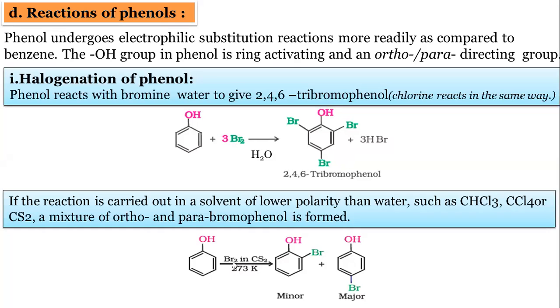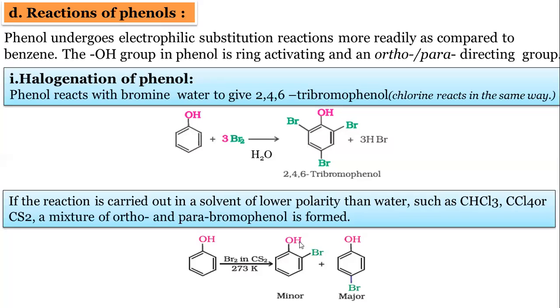See, bromination takes place in carbon disulfide, or you can use CHCl3 or CCl4 as a solvent. We get ortho and para, and always remember, out of these two, para is always the major product because there is no steric hindrance. OH and Br are away from each other, they do not interact.